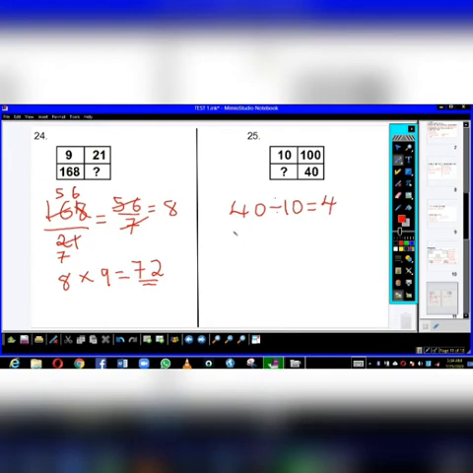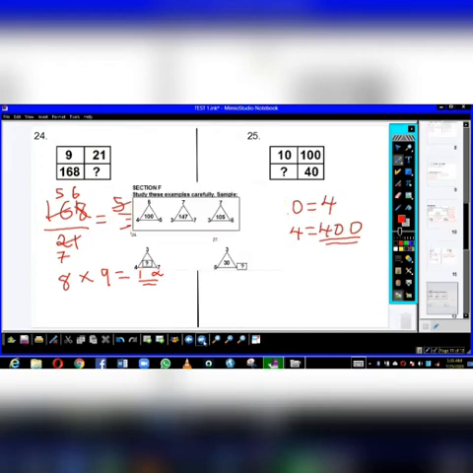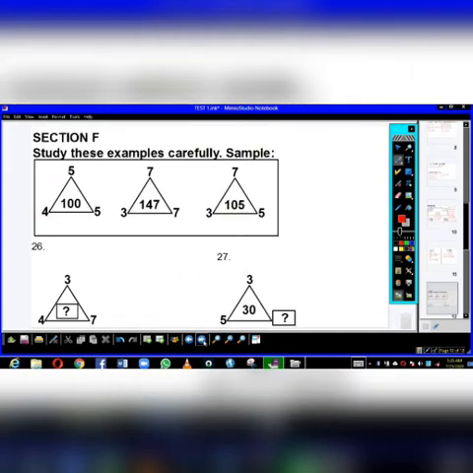Use that 4 to multiply 100. 100 multiplied by 4 will give us 400. So the value of the missing number is 400 in 25.